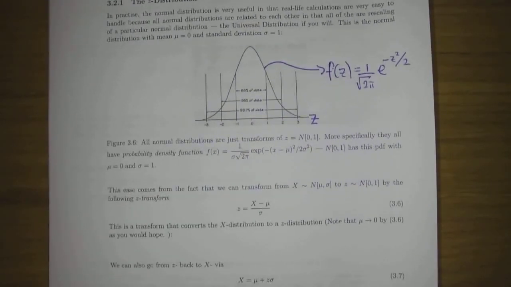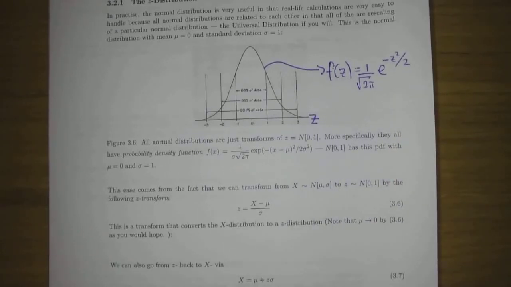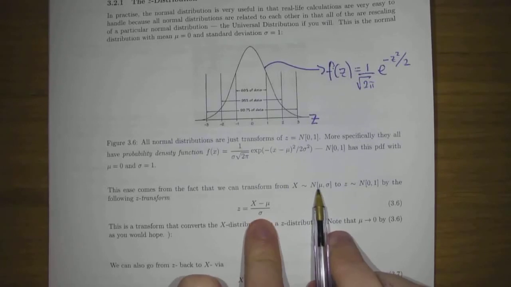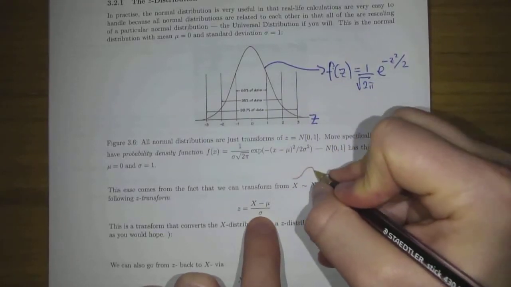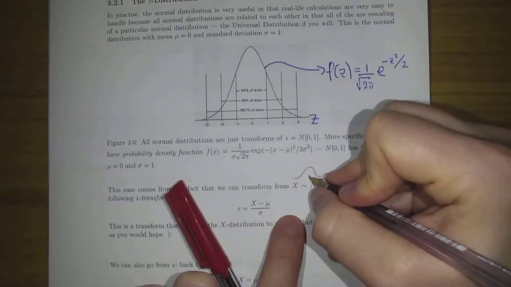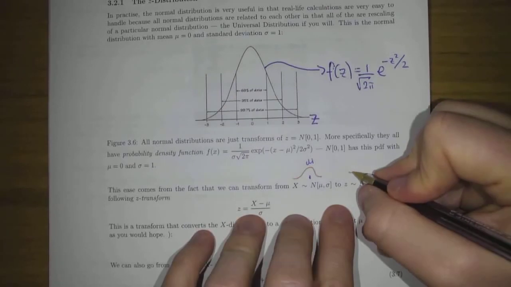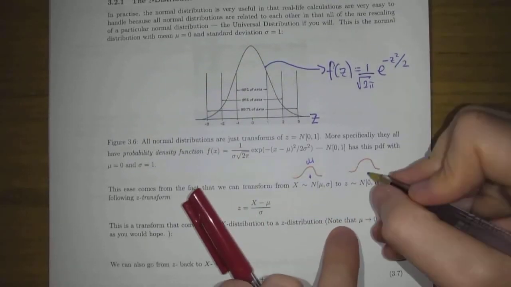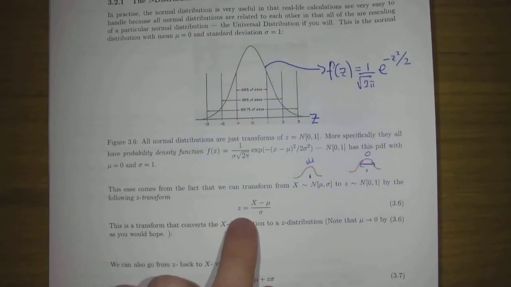So the thing is that there's a relationship between this one and this one. Any particular one, you've got this formula. You can transform from a general normally distributed one where the mean is mu. You can center it at 0 and make the standard deviation 1 using this formula.